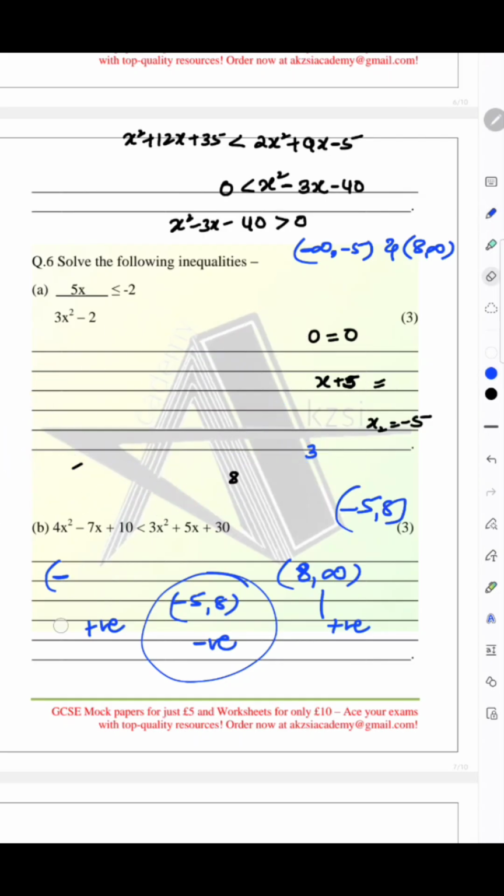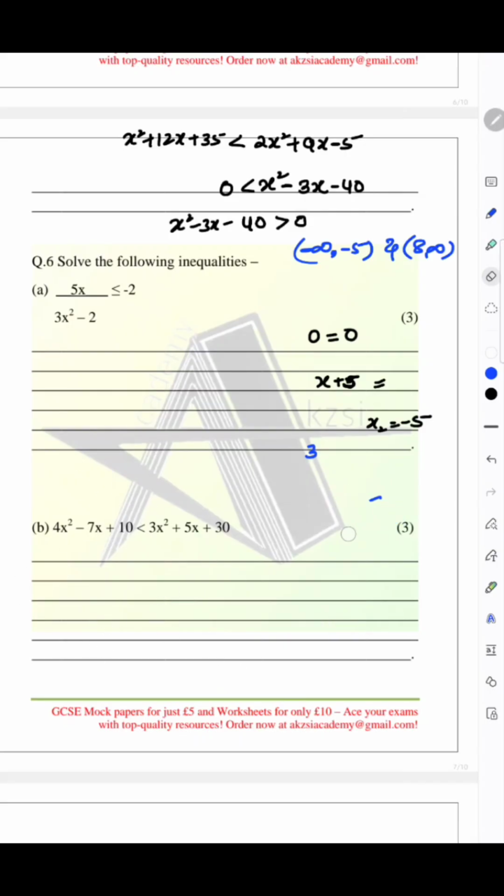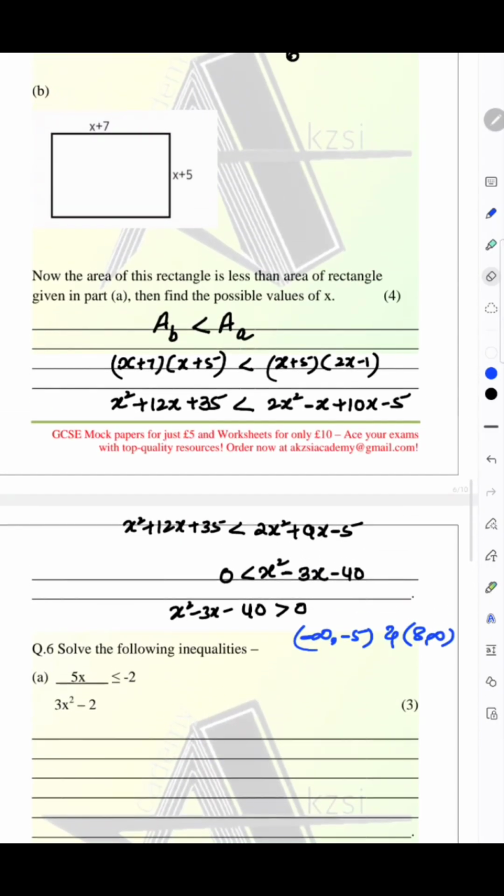So these are the possible values of x basically. But actually we also have to check, because it says find the possible values of x, and in case of area we have to look closely whether all the values of x will be satisfied or not. Say for example you put negative 5, that will make it 0, not possible.